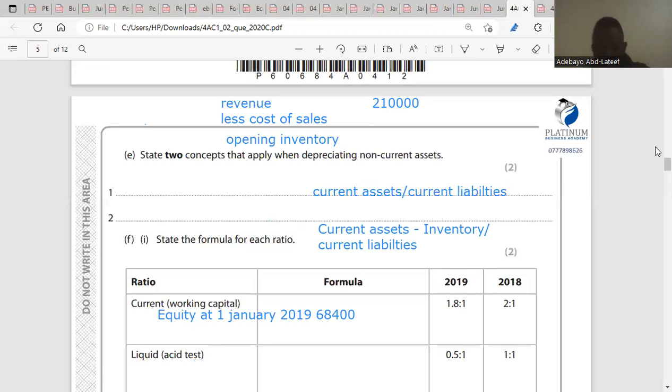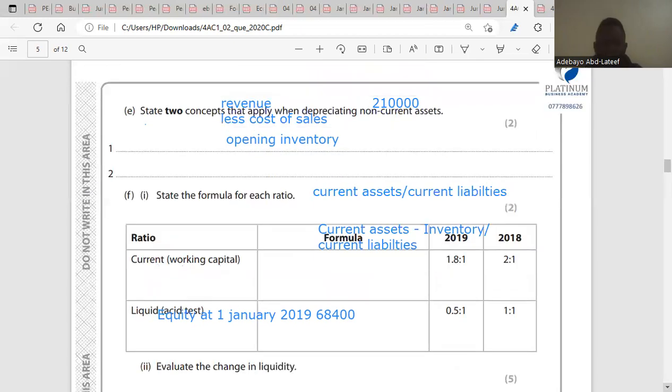Therefore, the liquid ratio, we use it to measure the total liquidity a business has. Get the difference between current ratio and liquid ratio. Current ratio is used to determine the financial strength of a business. Liquid ratio measures the amount of liquidity a business has. Is it clear?